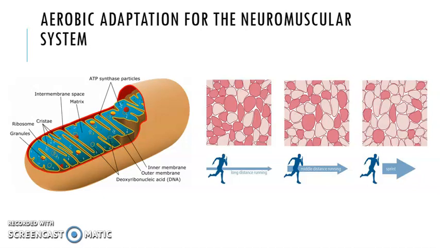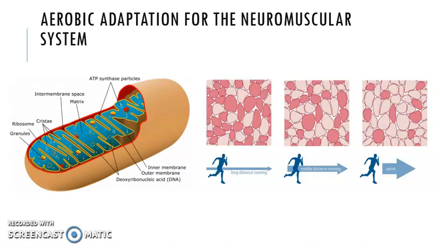There is also, as we said earlier, an increase in the number of capillaries. This means that there are more individual capillaries supplying each muscle fiber, and therefore it's easier for oxygen to diffuse into the muscles, making it easier for the athlete to perform.